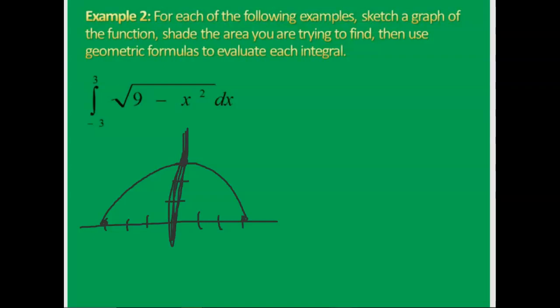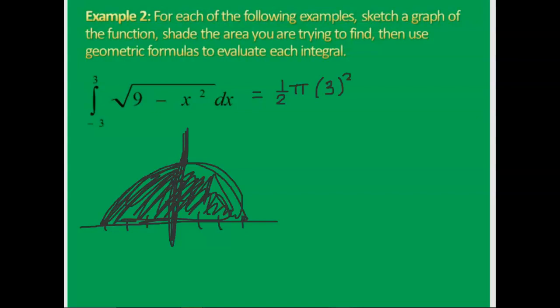So the area under this curve is represented by the area of a half circle. So it's 1/2 pi r squared, because the area of a circle is pi r squared, but half of it represents a semicircle. The radius is 9. So this is 1/2 pi 9 squared, or 9 pi halves. So the value of the integral is 9 pi halves.